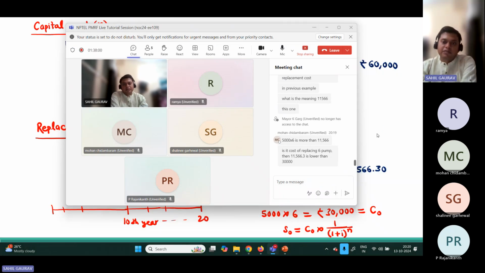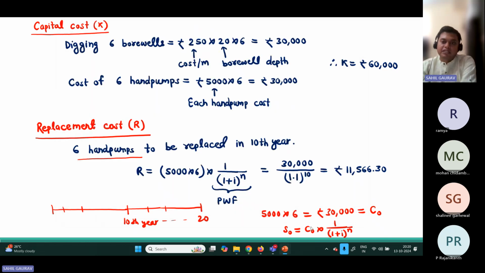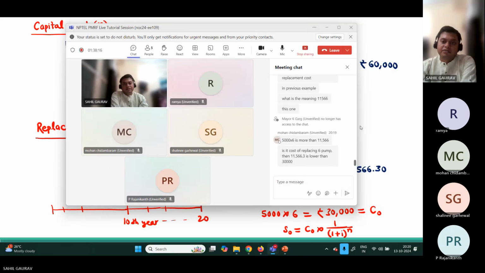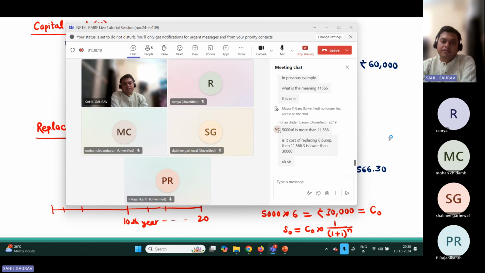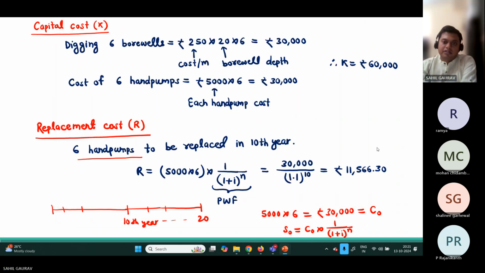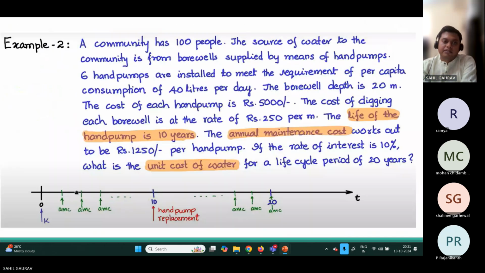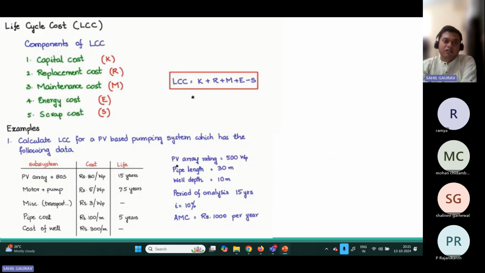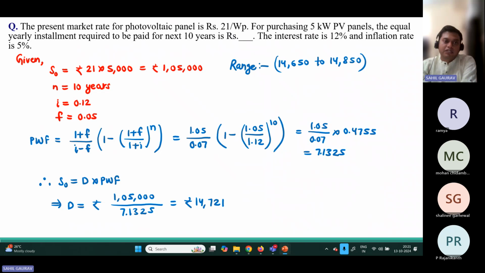Is the cost per replacement of the hand pump lower than 30,000? Yes, it is lower than 30,000 because we have not considered the inflation rate. In this problem, we have not considered inflation rate. That's why it is coming lesser. You got it or not? If you consider the inflation rate, then this value might be closer to or more than that amount of money.